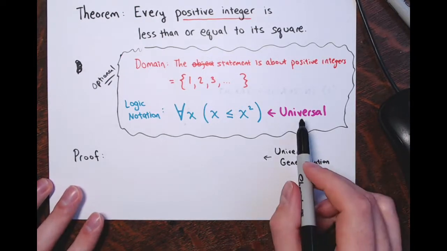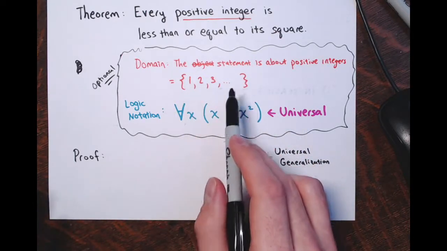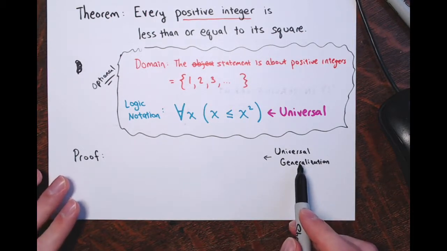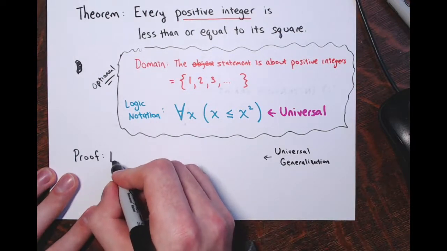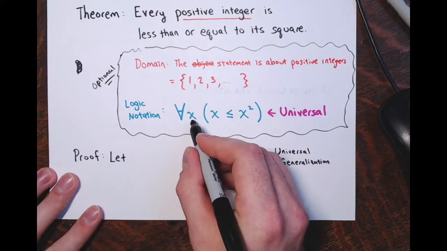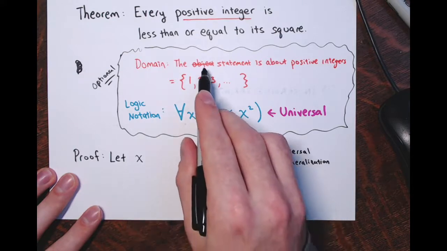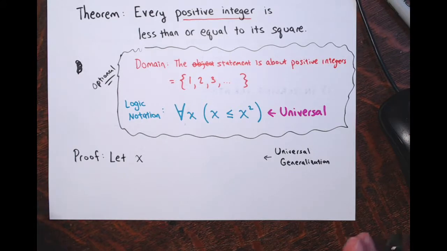To prove a universal statement about an infinitely large domain is true, you use what's called universal generalization. Basically, I'm going to start off the proof saying, let's let some random letter, some variable x, represent an arbitrary value of the domain. It could represent any value from the domain, and that way we're talking about the entire domain.